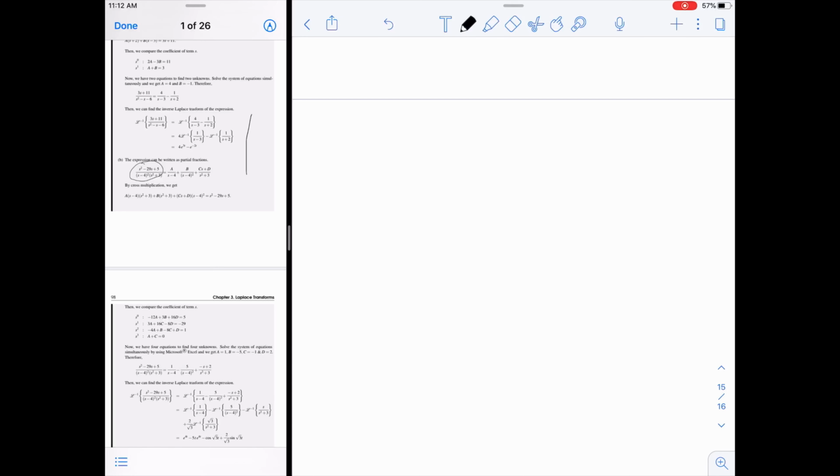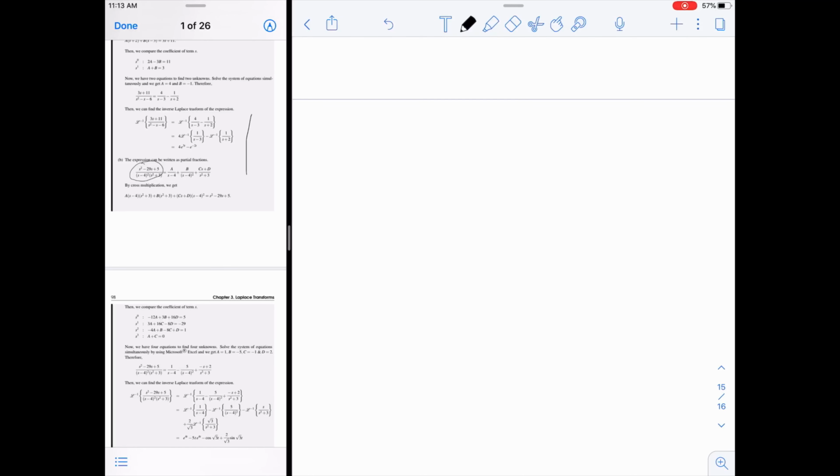Okay, previously we have gone through partial fractions with the forms of the linear factor. But now we would like to proceed with the combination of the repeated linear factor and the irreducible factor.